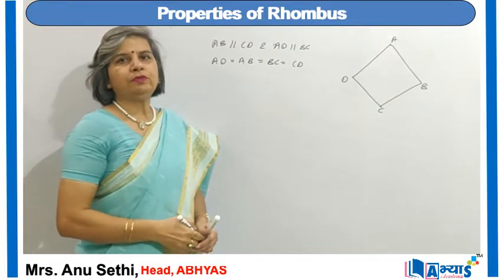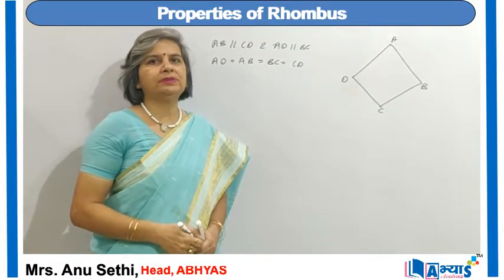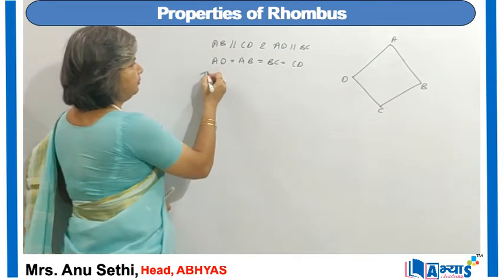Now let us try to prove the theorem that all the sides of a rhombus are equal.